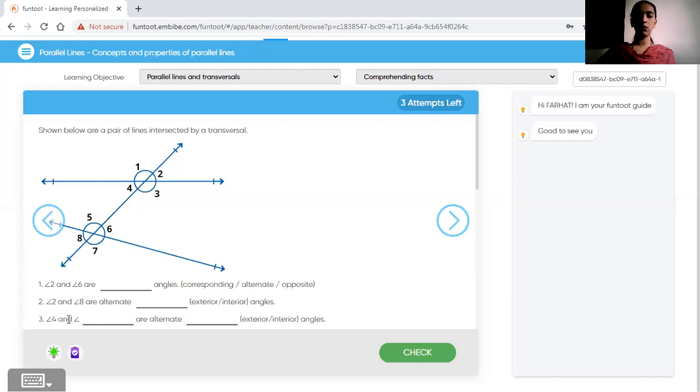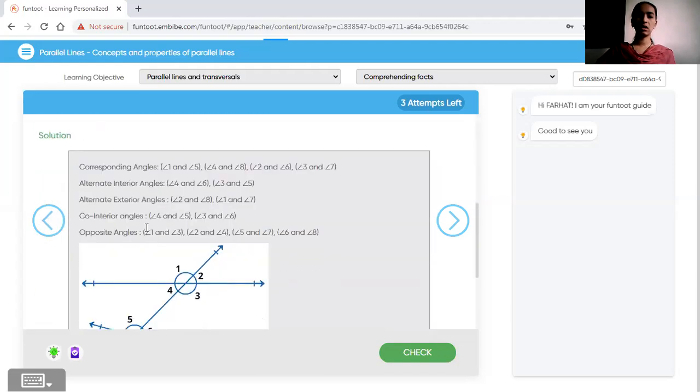Now angle 4 and dash are alternate interior angles or exterior? Alternate exterior angles are 2 and 8.